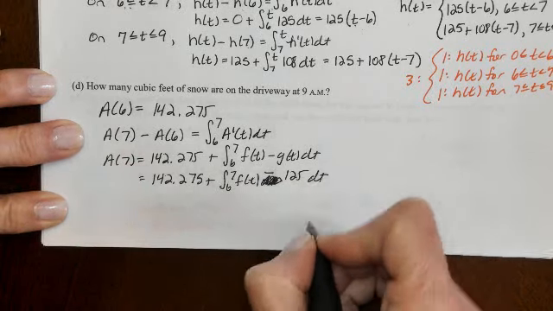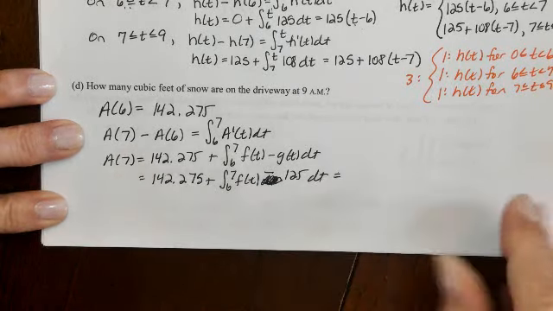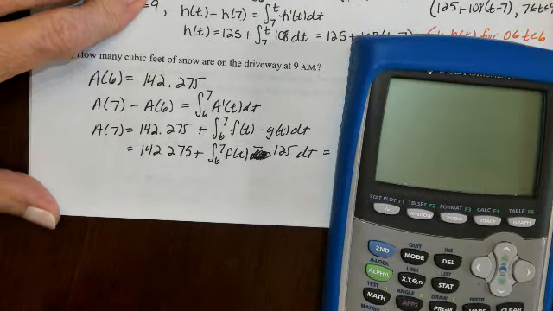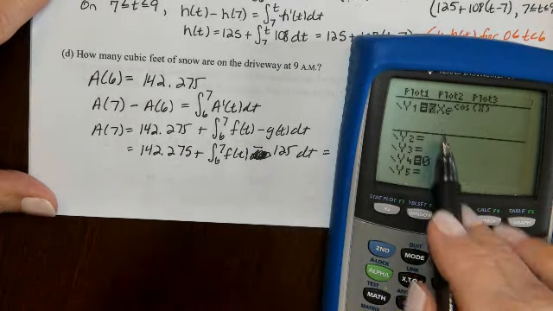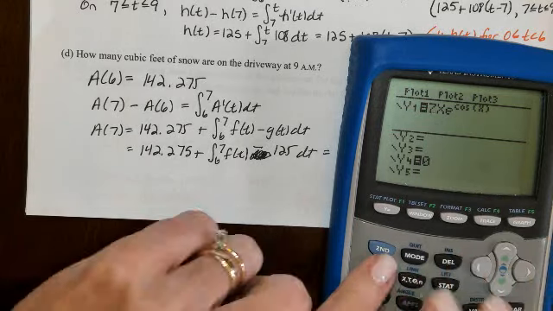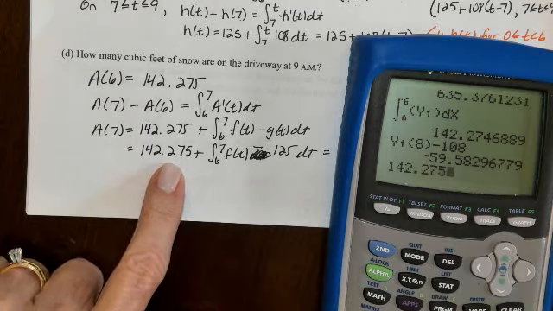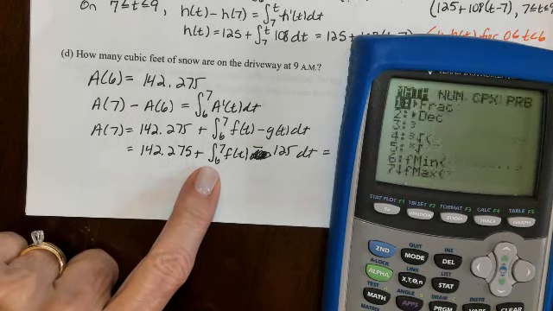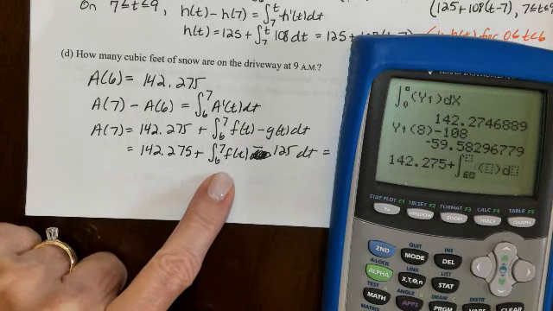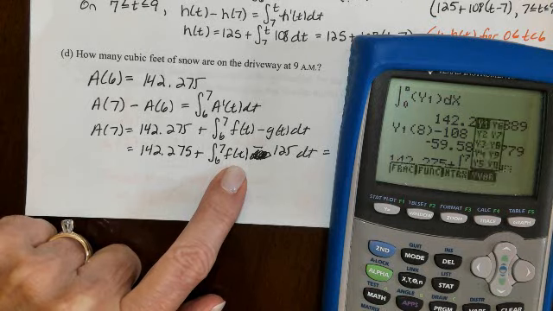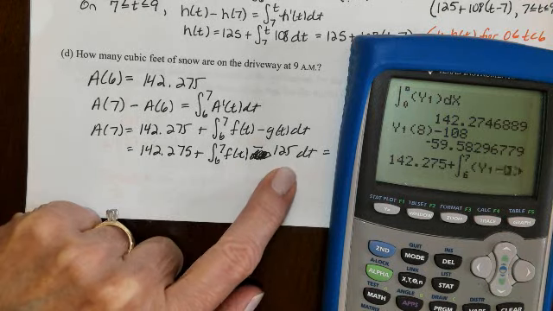Yeah, I can do that. And then I can get that number just in my calculator, right? F of t is still stored in for my y1. So I can go to my calculator, 142.275 plus math 9, 6 to 7, F of t minus 125.